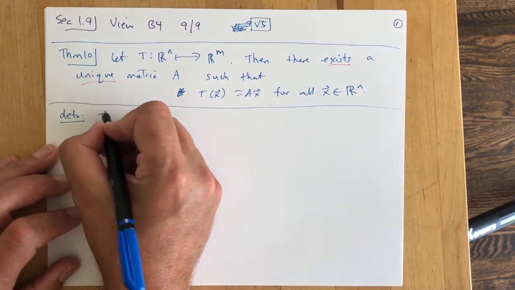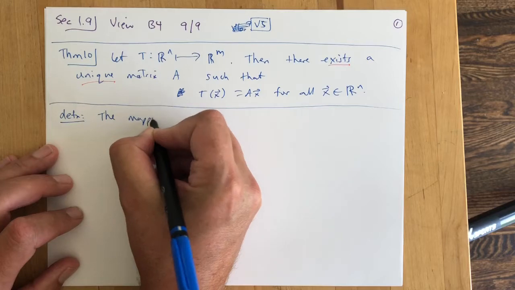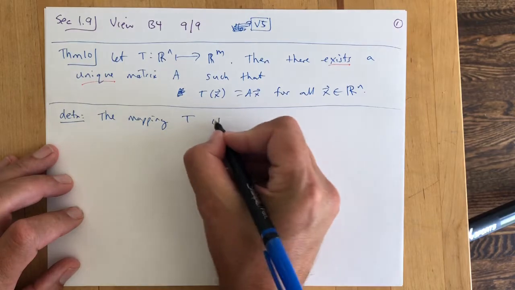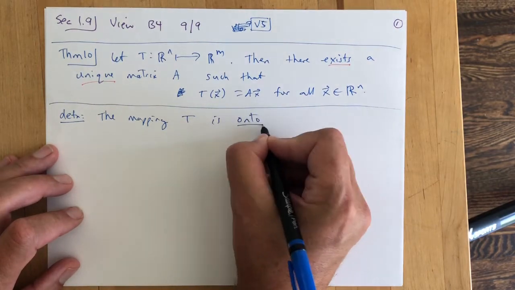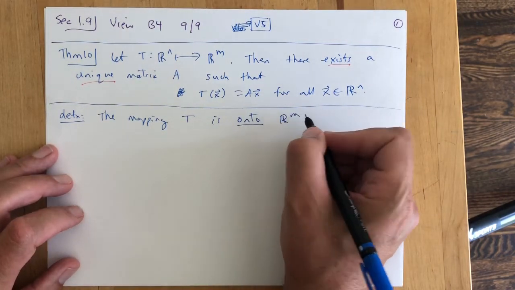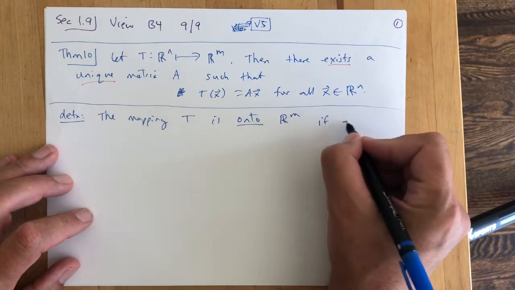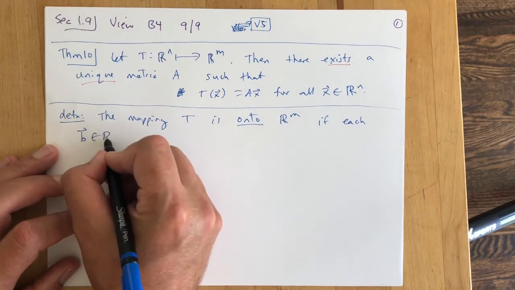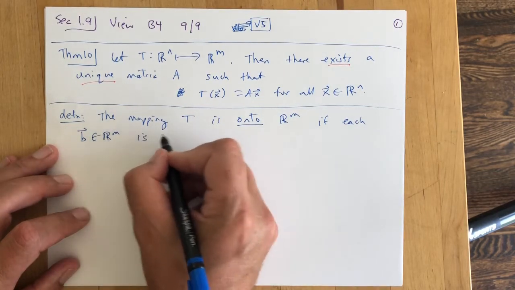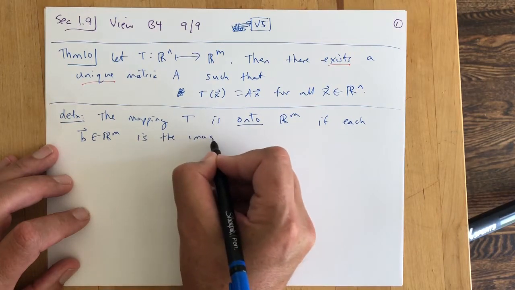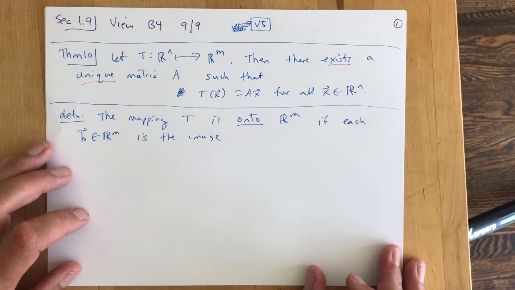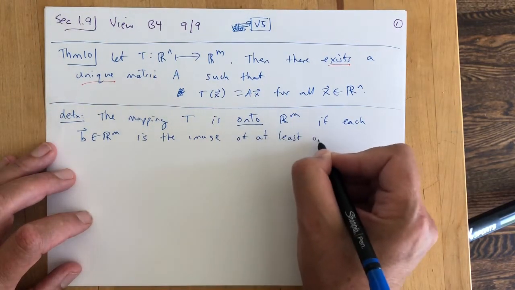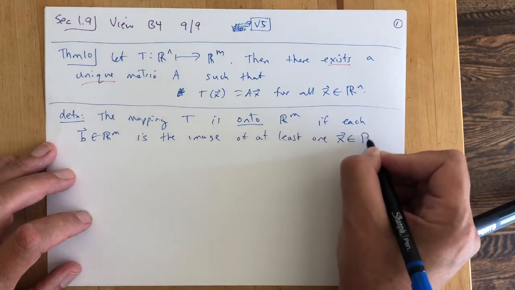The mapping T defined above is said to be onto Rm if each vector b in Rm is the image of at least one vector x in Rn.